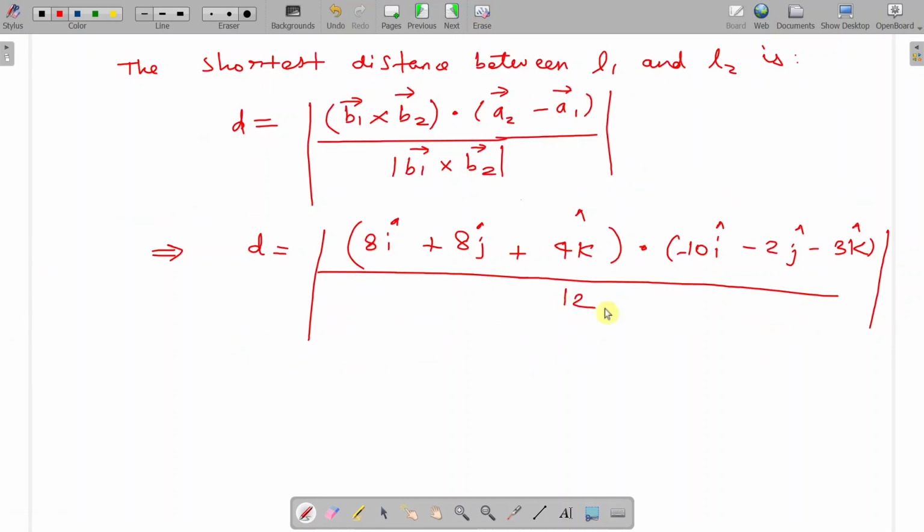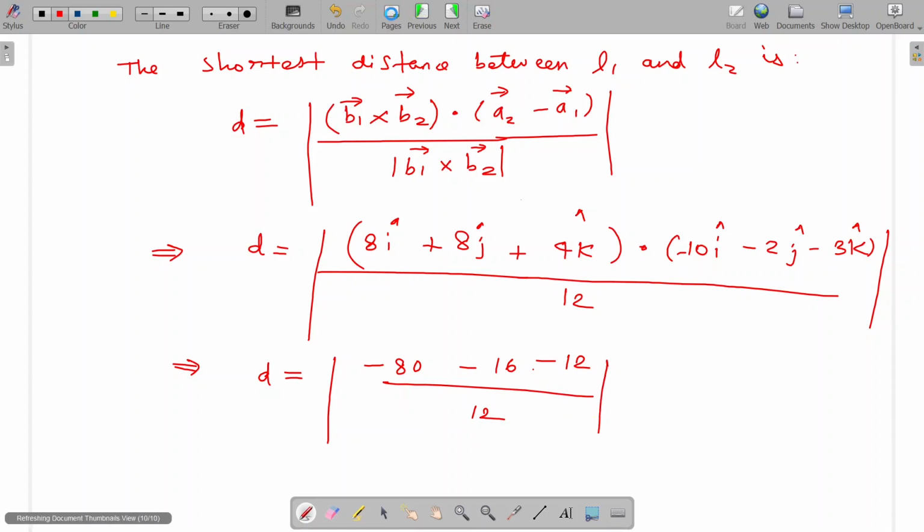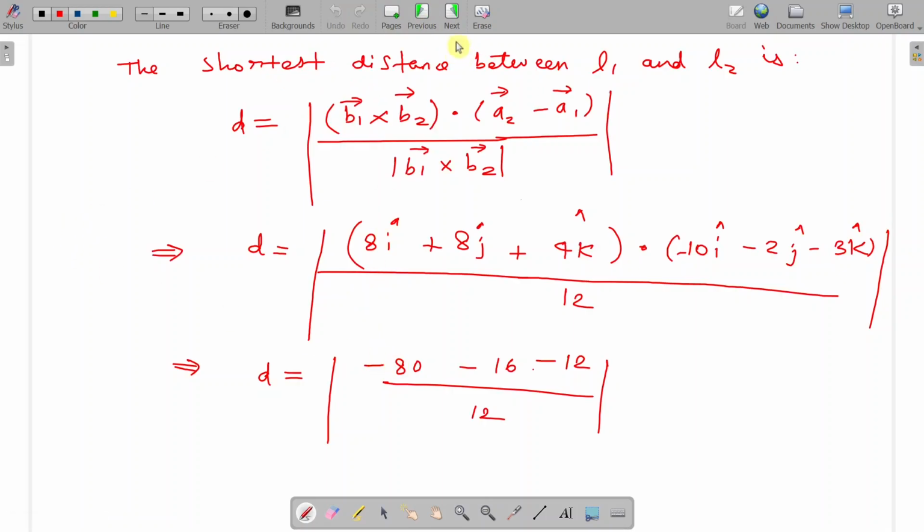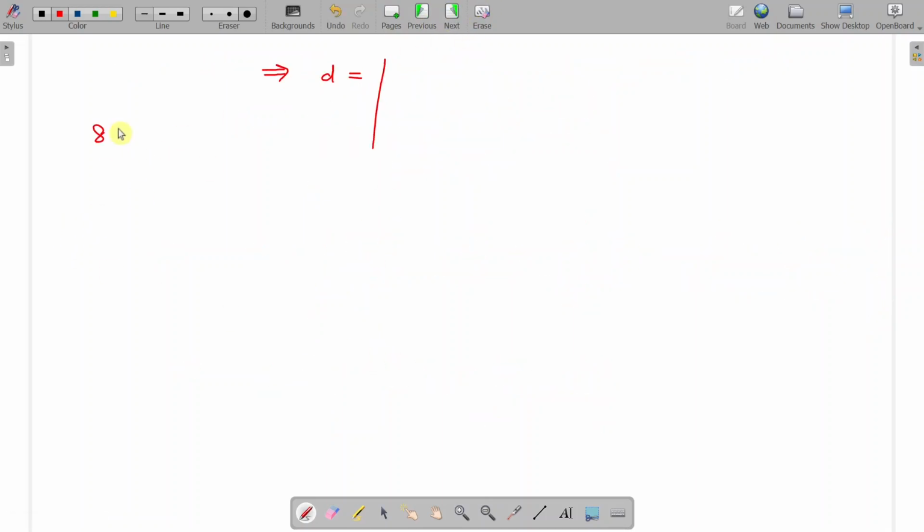Okay, so D is equal to modulus of 8 times minus 10 is minus 80, then 8 times minus 2 is minus 16, and 4 into minus 3 is minus 12, divided by 12. Okay, so the distance D is equal to modulus of, let us add 80, 16, 12, that is 108, divided by 12, right.